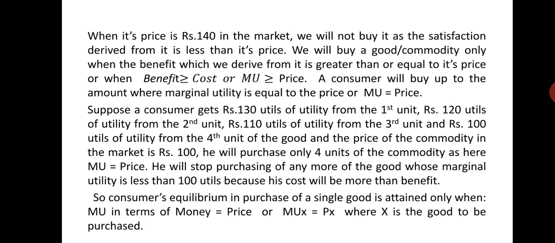So consumer's equilibrium in purchase of a single good is attained only when marginal utility in terms of money is equal to price, or we can say MUX is equal to PX, where X is the good to be purchased. That means marginal utility of commodity X is equal to price of commodity X. Then only the consumer's equilibrium in purchase of a single good is attained.